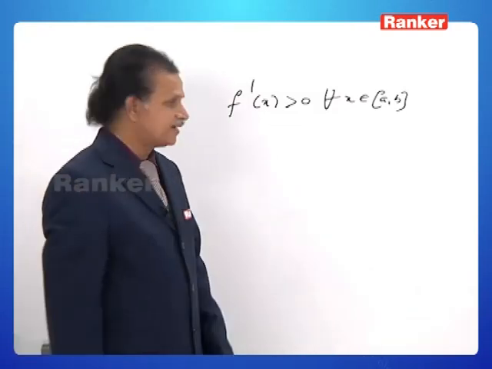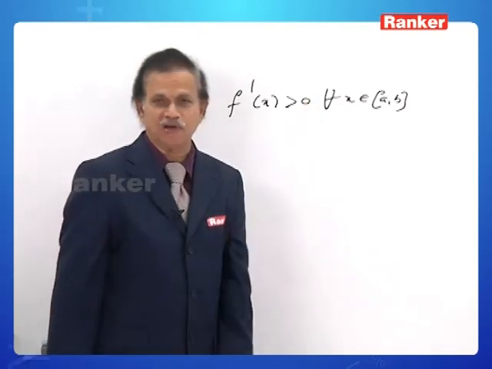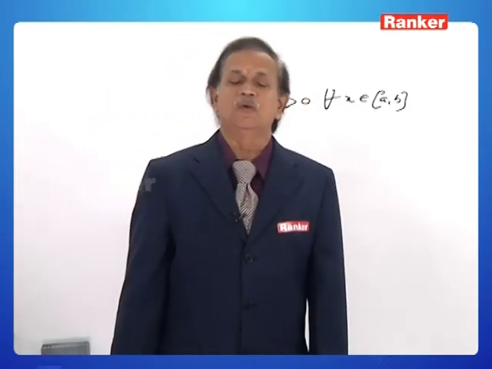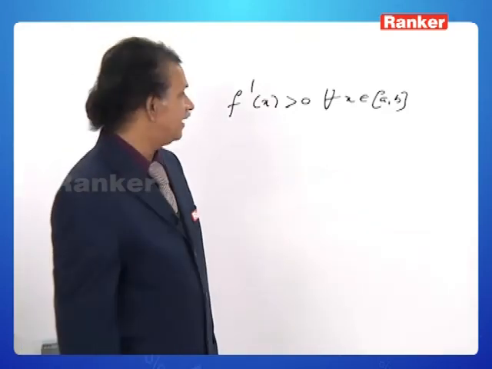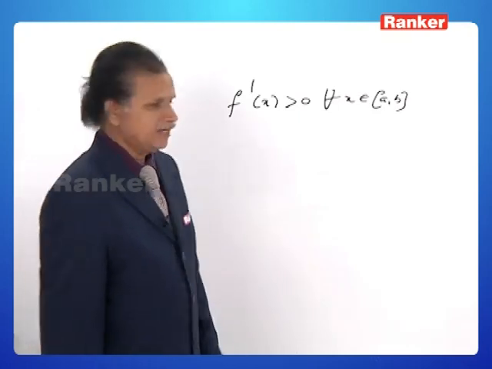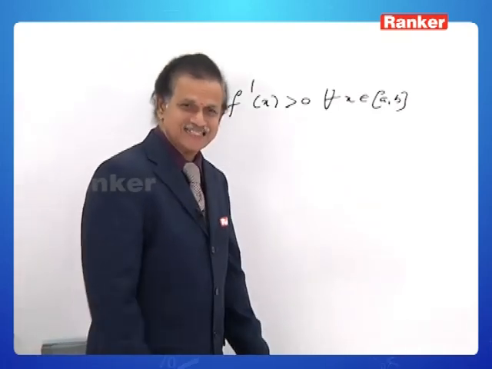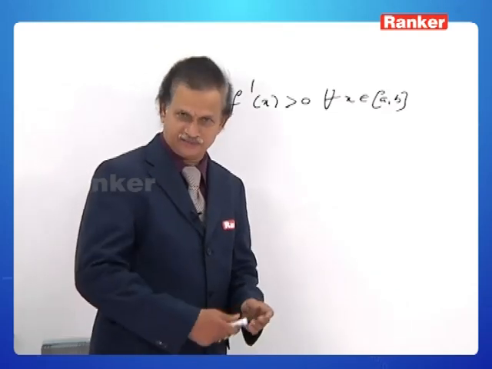If for a particular function say f of x, f dash x greater than 0 for all x belonging to the closed interval a to b, where the closed interval a to b is a subset of the domain of the function f, then we say that f is increasing on the closed interval a to b. Accordingly, if f dash x greater than or equal to 0 for all x belonging to that, then we say that it is non-decreasing.